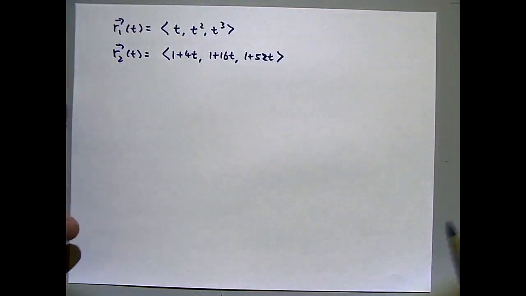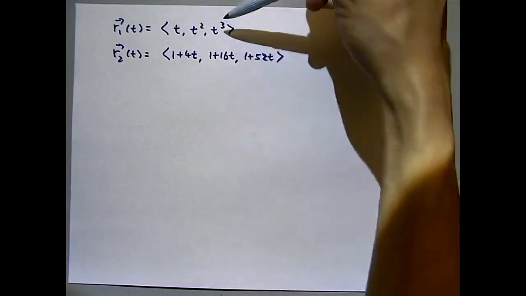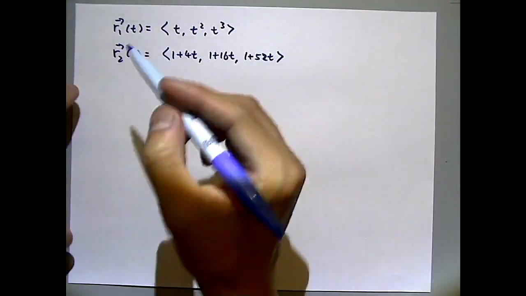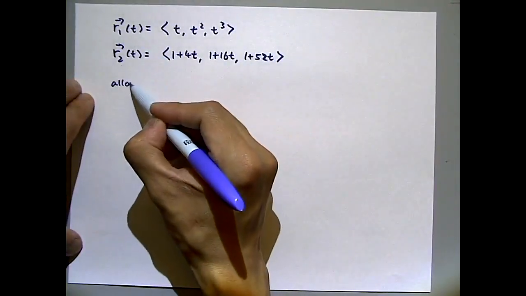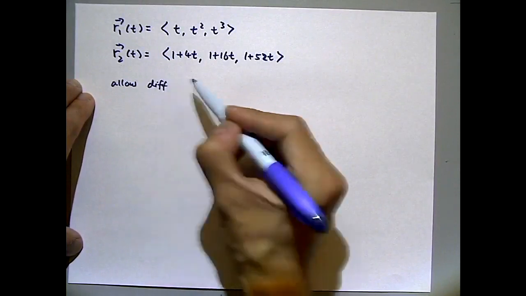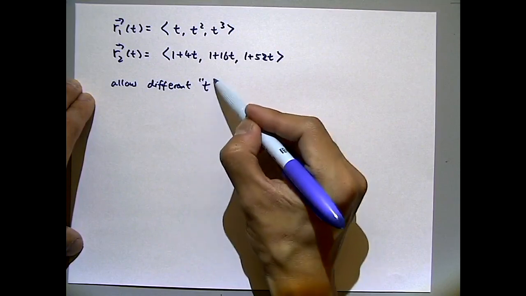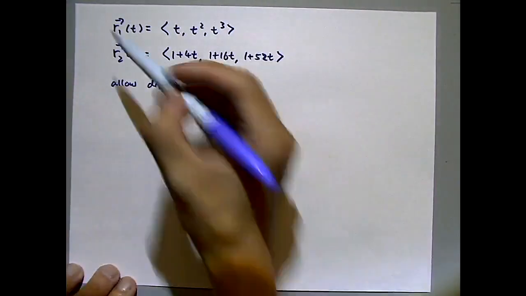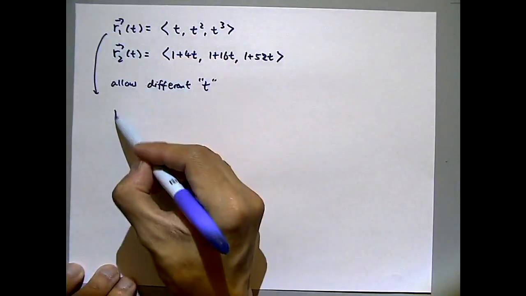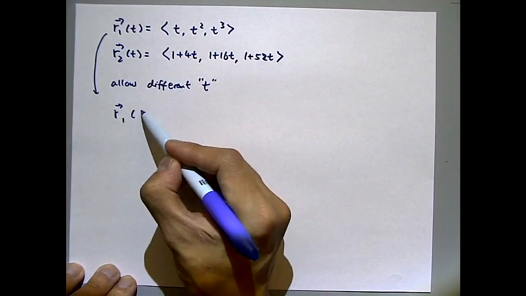To find the intersection here, now we're going to allow these two t's to be different values. And it's helpful if you use a different variable for one of them.